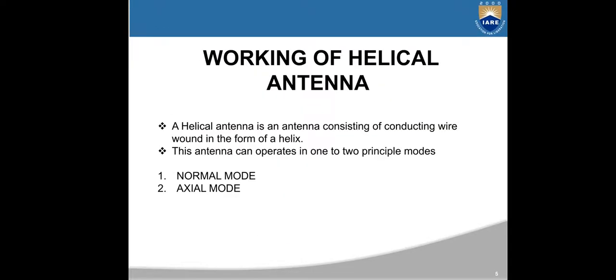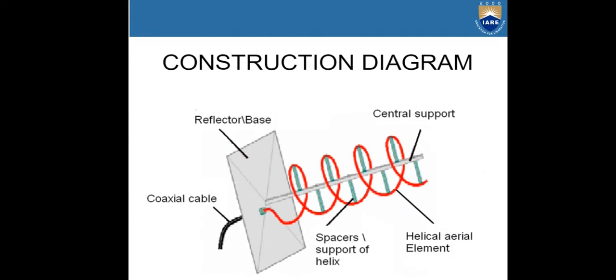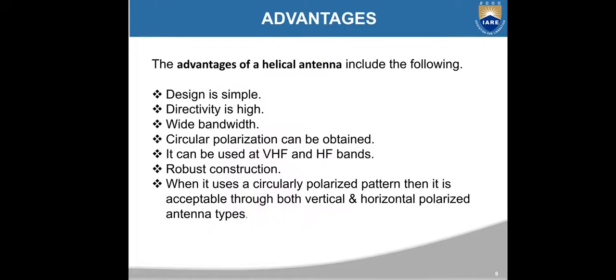The directivity of the helical antenna is very high compared to others. Wide bandwidth: this helical antenna provides a very wide bandwidth, which is a very useful advantage for us. Circular polarization can be obtained due to the helix shape.